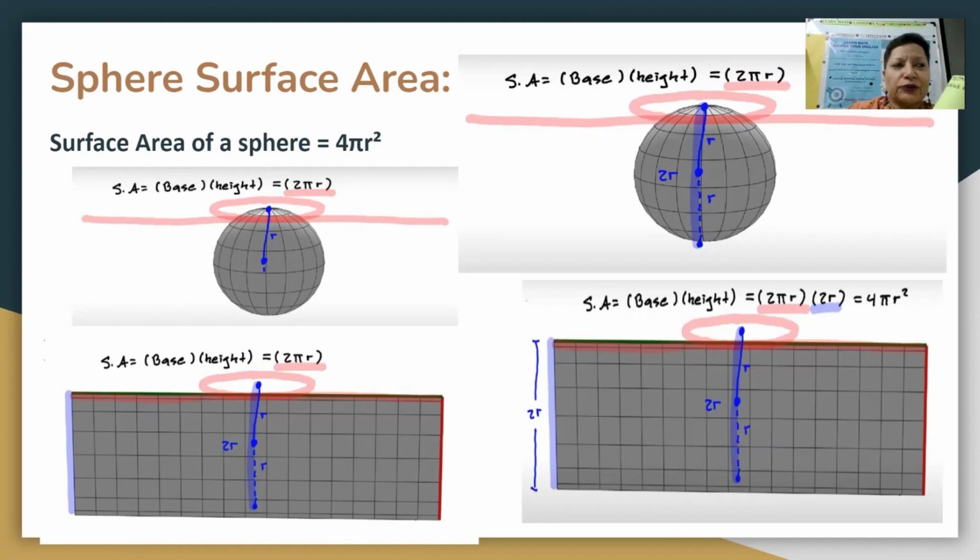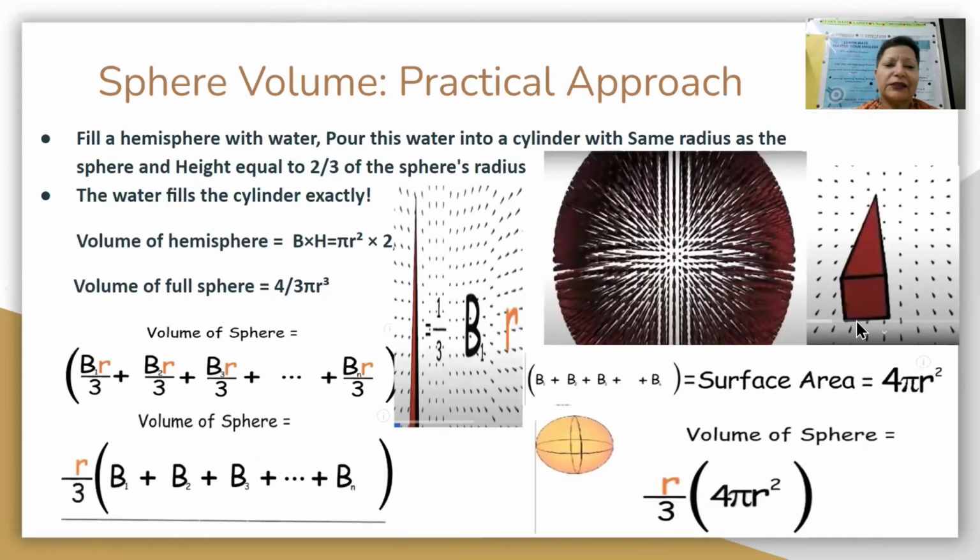And so you get 3 pi r square as the total surface area of a hemisphere. Otherwise, for a sphere, your surface area is going to be 4 pi r square. Is that okay? Coming next to the volume of a sphere.